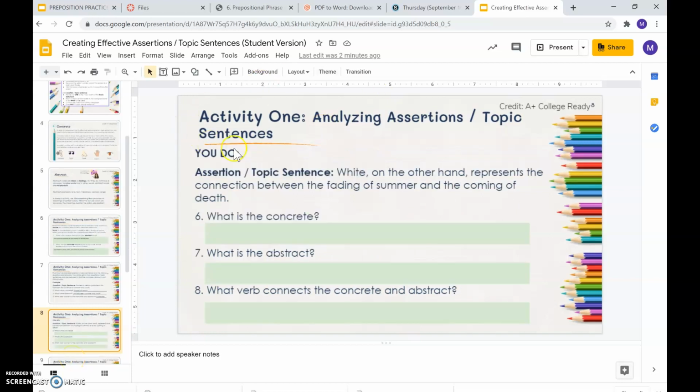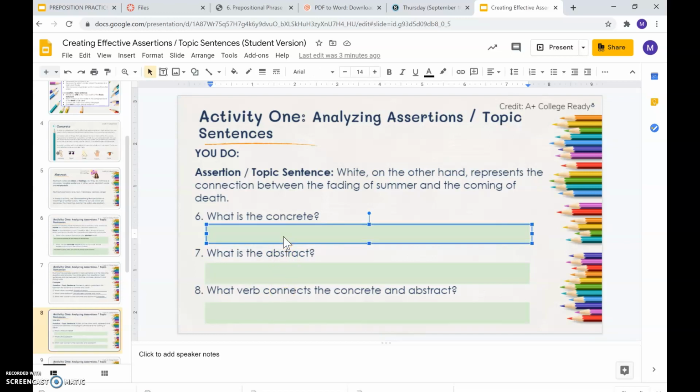Now, you see right here it says you do. Here's another assertion or topic sentence, and you've got to answer these 3 questions. White, on the other hand, represents the connection between the fading of summer and the coming of death. I'll read it one more time. White, on the other hand, represents the connection between the fading of summer and the coming of death. What is the concrete?